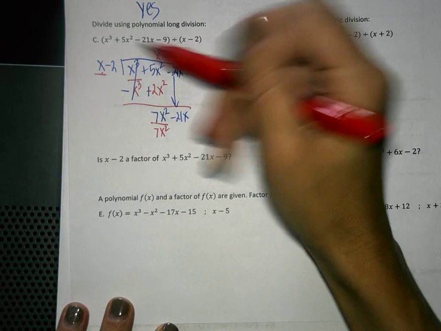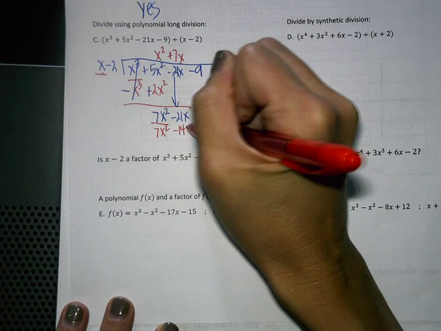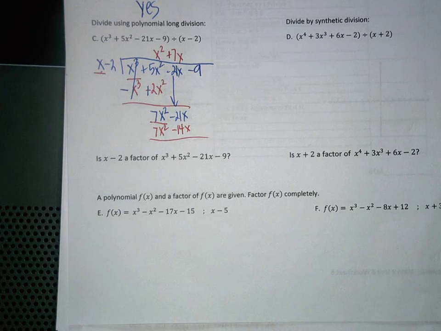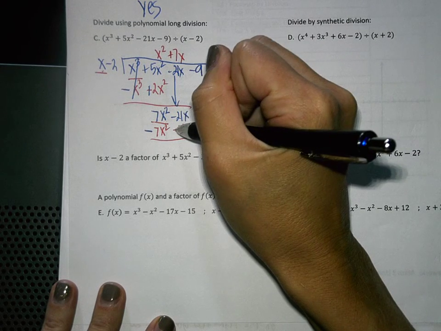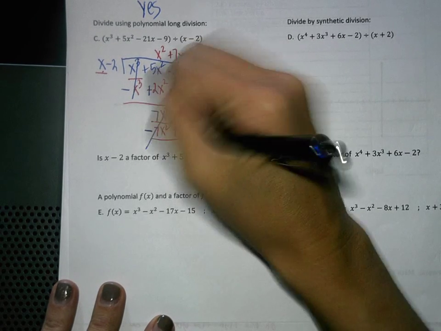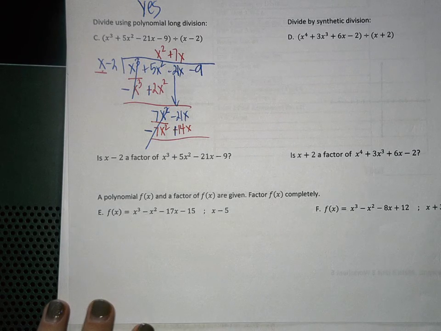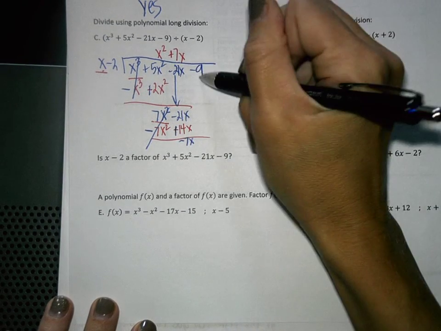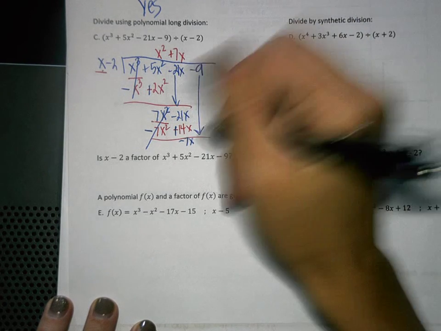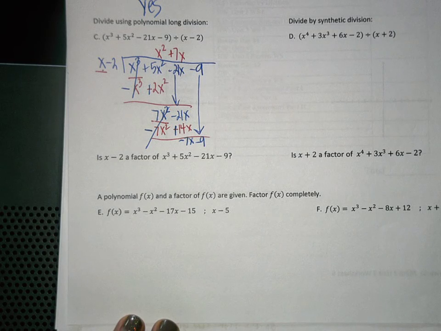And 7x times negative 2 is negative 14x, but then what happens? So this becomes a minus, and this one becomes a positive. These cancel. Negative 21x and 14x makes negative 7x. Then we bring down the minus 9.